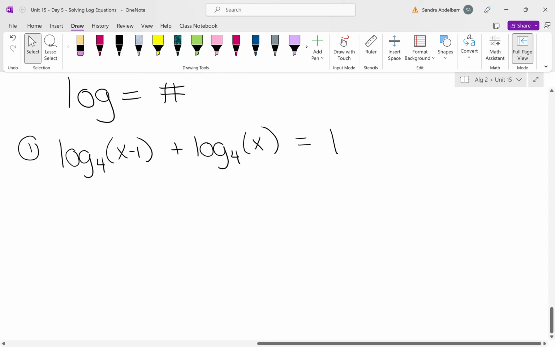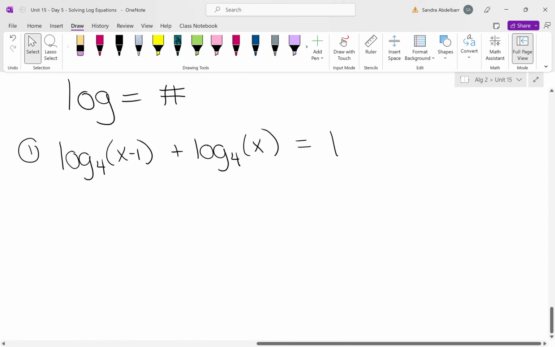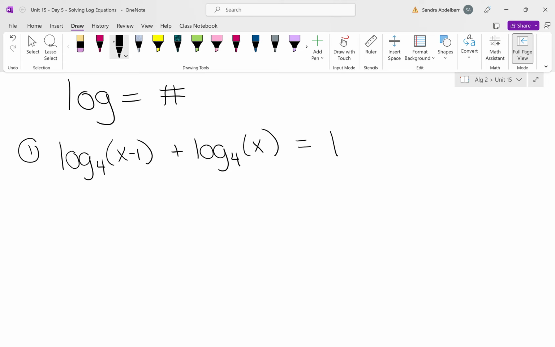So what I'm going to do is condense the left side. When I condense the left side, I'm going to have log base 4 of x squared minus x, right? I made the log addition down to 1 log and multiplied the arguments. Are we okay with that so far?